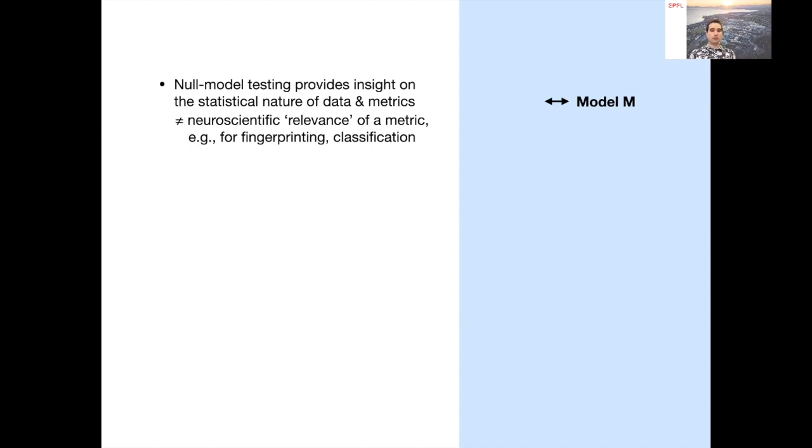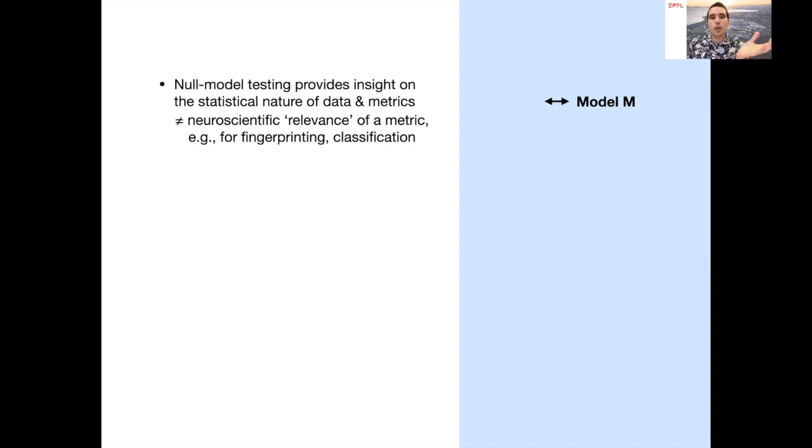So framed differently, and maybe a bit provocatively, I have the impression that in most cases, most of us would not be interested in what null models can tell us about the data and about the metric. So maybe think twice on the relevance of doing these tests. If you are really interested in knowing the nature of the statistical information exploited by your metric, then you can use null models.